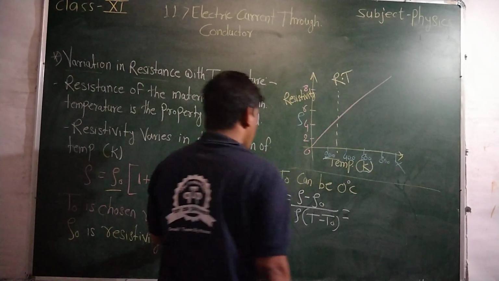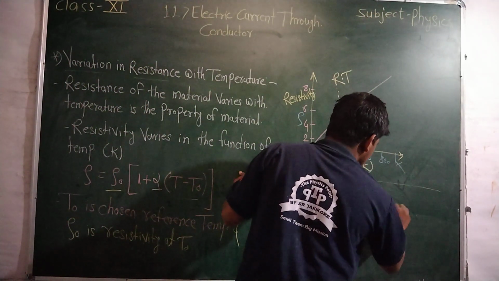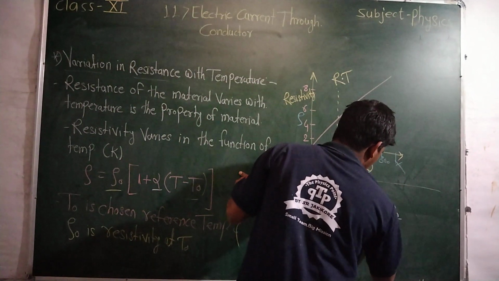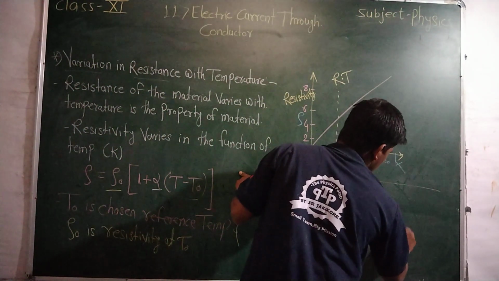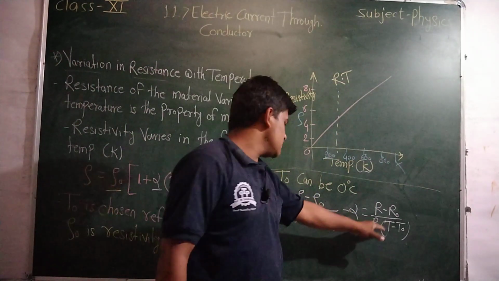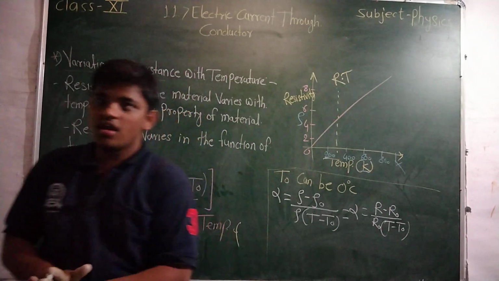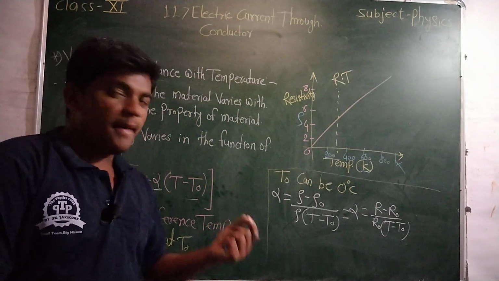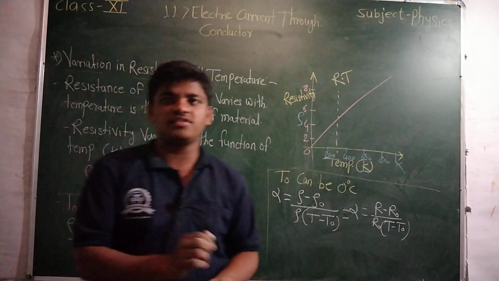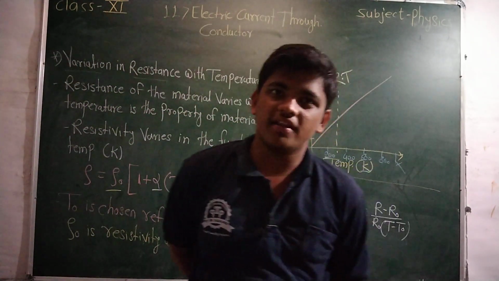In the form of resistance, alpha is equal to R minus R0 divided by R0 into T minus T0. This is in the form of resistance, and the other is in the form of resistivity. Alpha is the temperature coefficient of resistivity.